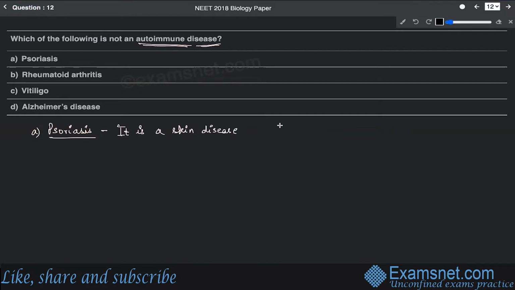All right. It is a skin disease that causes itchiness, or redness on the skin, or sore patches.